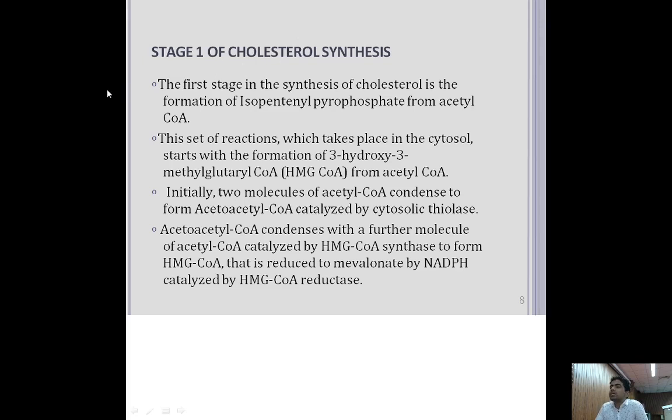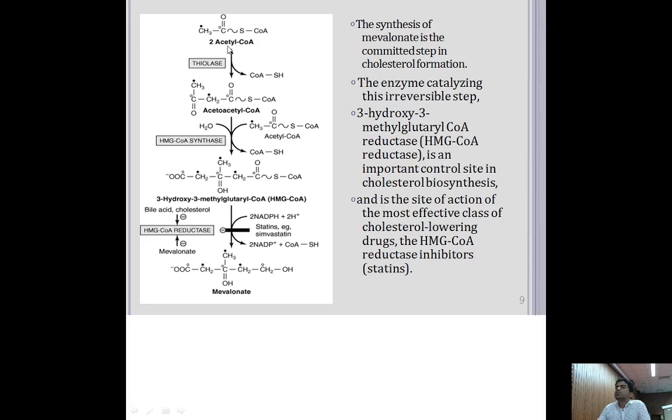From acetyl coenzyme A to isoprene, generally you have to know a little bit of detail. I'll tell you. So the first stage is the synthesis of cholesterol with the formation of isopentenyl pyrophosphate from acetyl coenzyme A. So understood? How that reaction proceeds, we'll see here. Two molecules of acetyl coenzyme A condense with the help of the enzyme thiolase. You saw this thiolase enzyme in ketone body synthesis also.